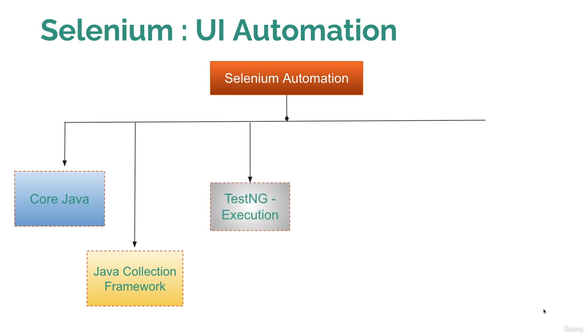After this, we will learn about TestNG. TestNG is a very important component of automation testing, because TestNG is the execution engine of your test cases. We will learn each and every aspect of TestNG, and see what things you can achieve with it.